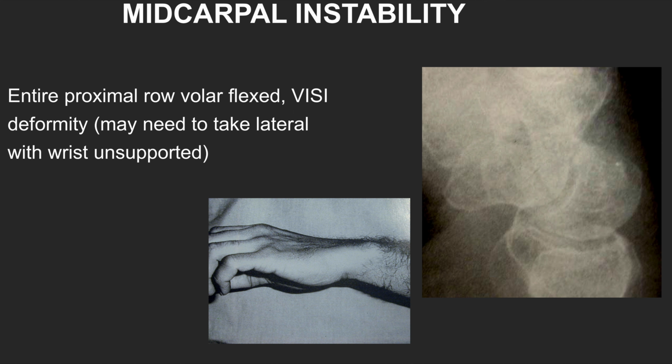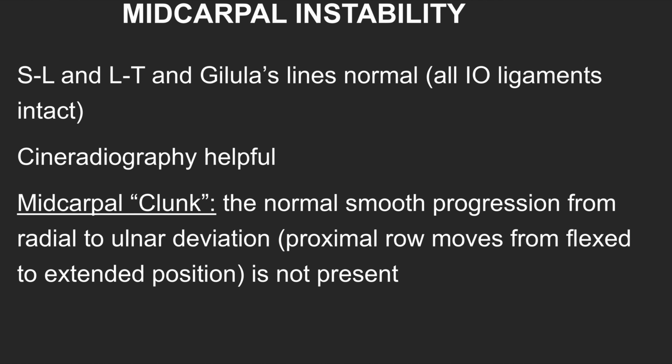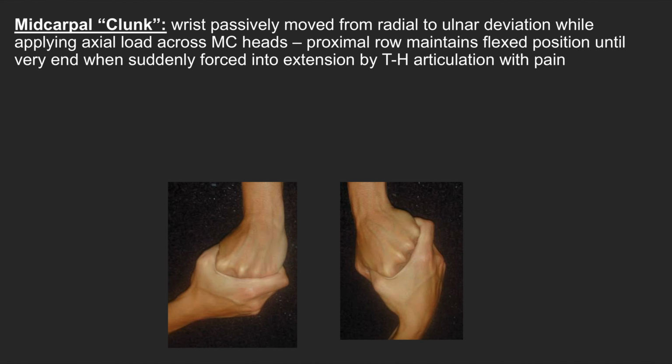And so typically an x-ray taken with a good lateral is what's necessary. And cine radiography is very helpful. While you're moving the wrist from radial to ulnar deviation, there can be a clunk. And so this is what it looks like.